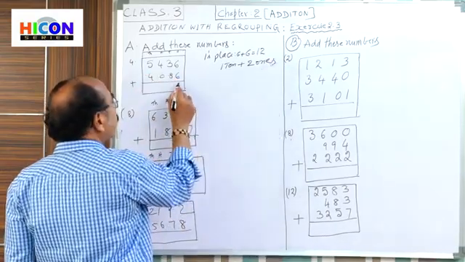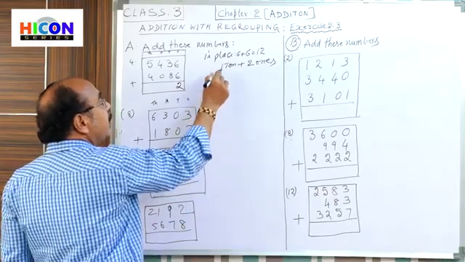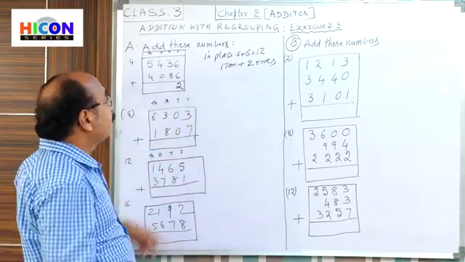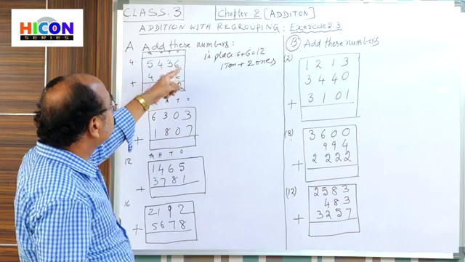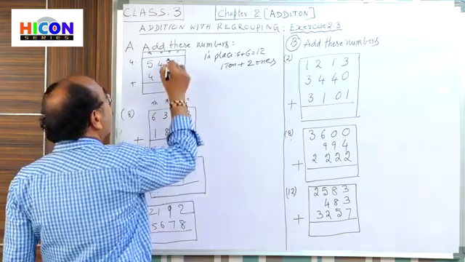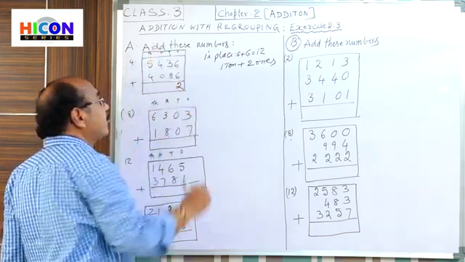So here we write 2 in the ones place. The 10 we carry to the tens place. Here we write 1.